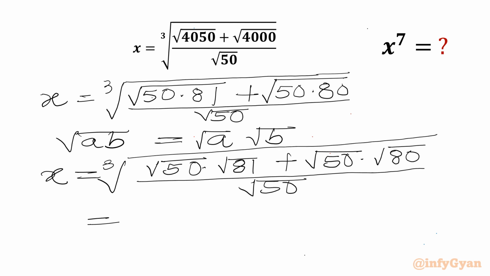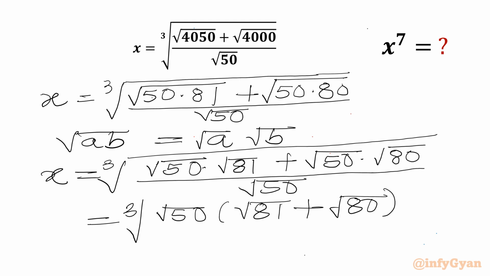Now we can take square root 50 common from the numerator. So in the bracket we'll have square root 81 plus square root 80, over square root 50. Now square root 50 will be cancelled out.